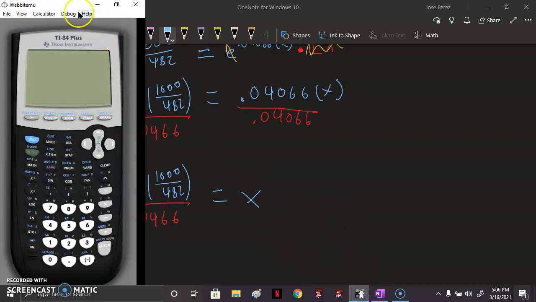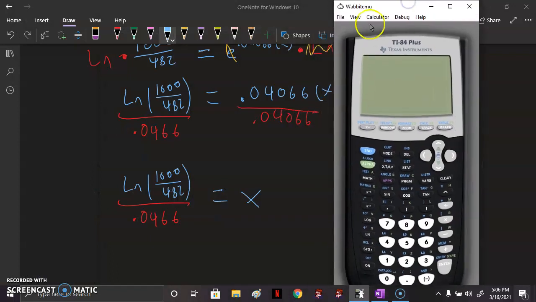We're going to plug in the calculator. Let me see if I can move it on the other side. And yes, it did work. So we're going to turn it on. Let's clear that up. So ln of 1,000 divided by 482 is this number. That's why I said not to solve it already and round it, because you won't get the exact answer. And then divided by 0.04066.